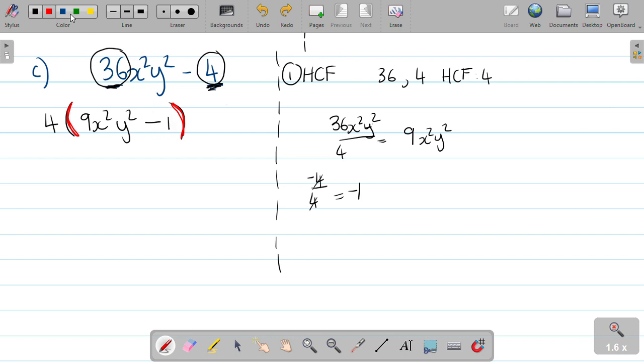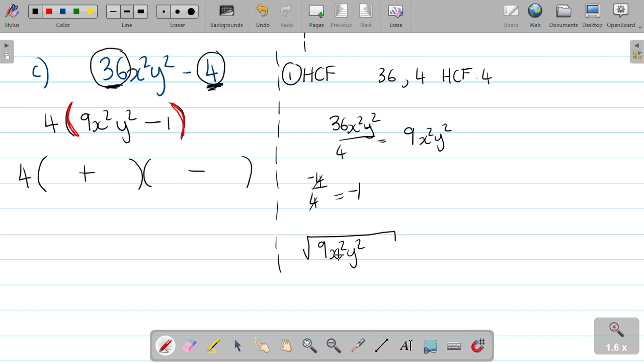So what you'll end up doing, you write the 4 as is, and then you simply just factorize how we've been doing the dots method the whole time. So you open up two sets of brackets, you put a plus and a minus, or vice versa, and then we go and we square root. So we square root the 9x squared y squared.